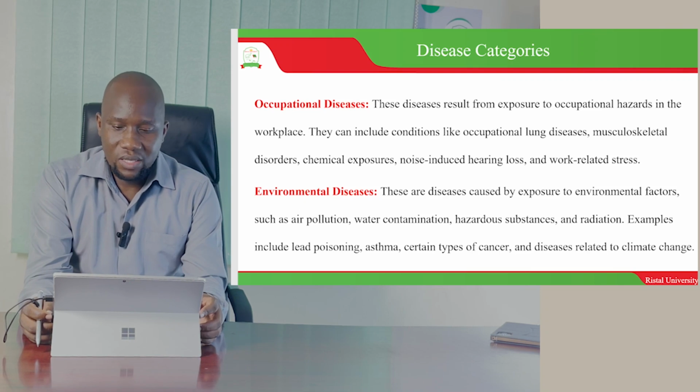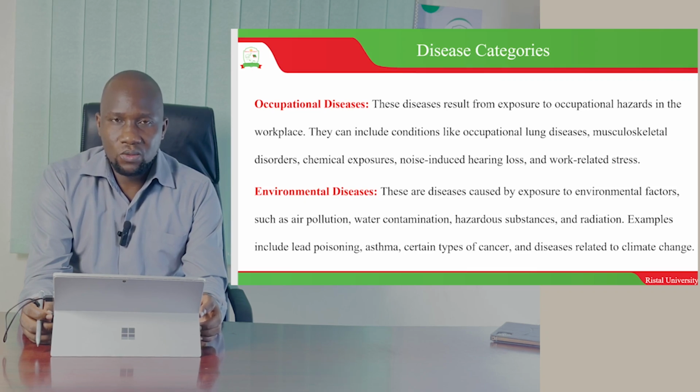And then environmental diseases. You know that environmental factors play an important role in the transmission of different diseases. Malaria has an environmental component, typhoid has an environmental component, and many other diseases.